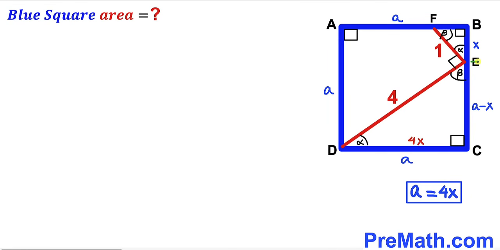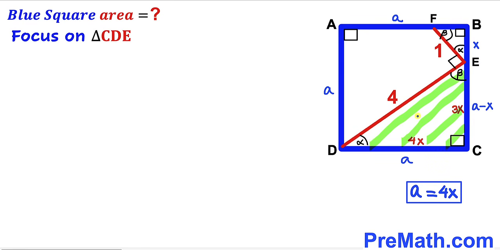Likewise, this CE length is represented by a minus x. If we substitute the a value, which is 4x minus x, that is going to give us 3x. So this side CE length turns out to be 3 times x.